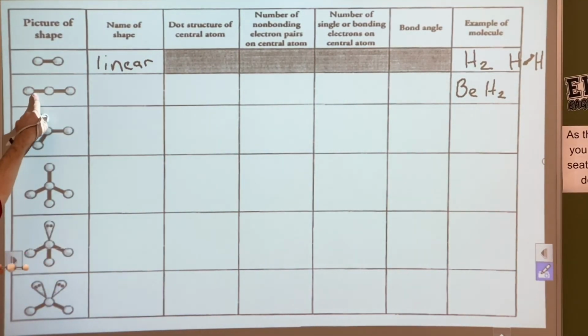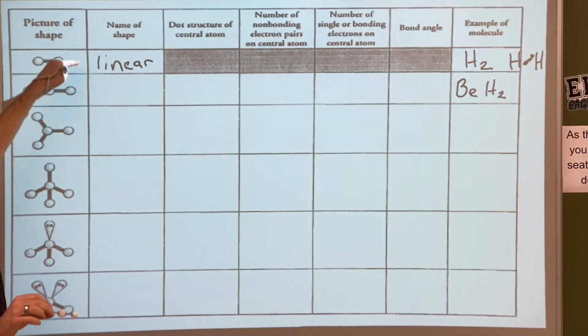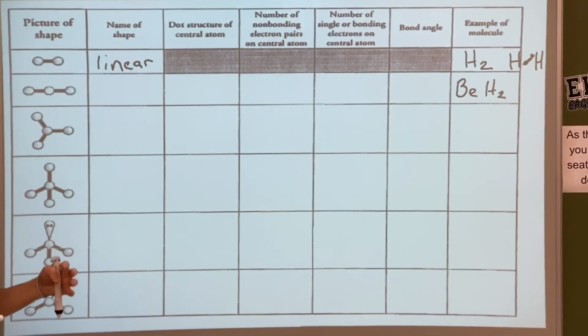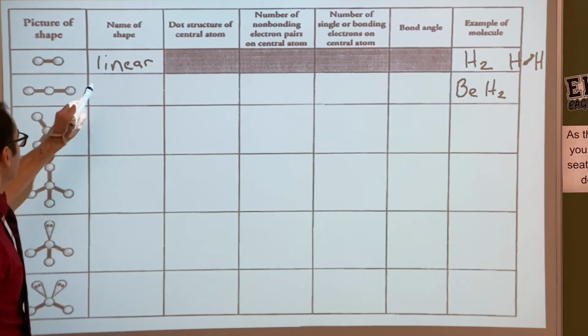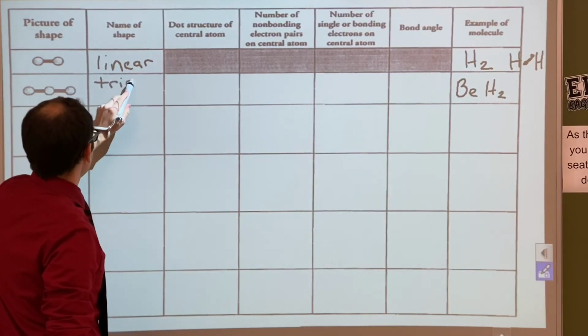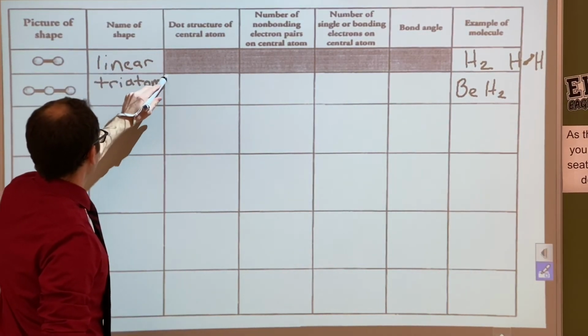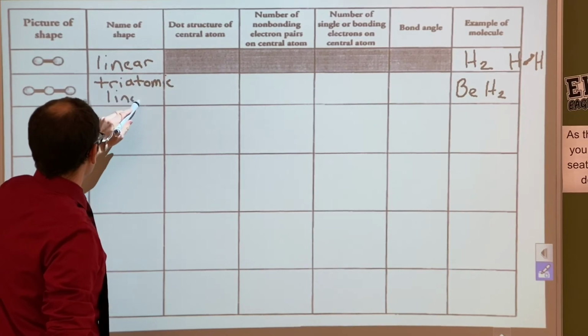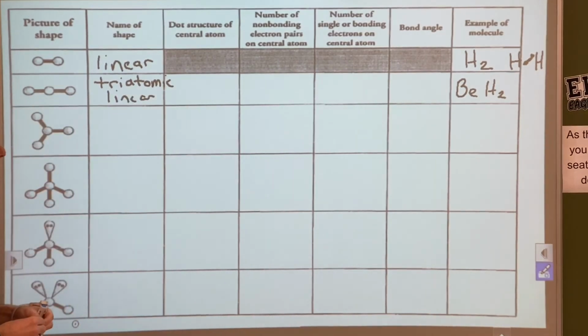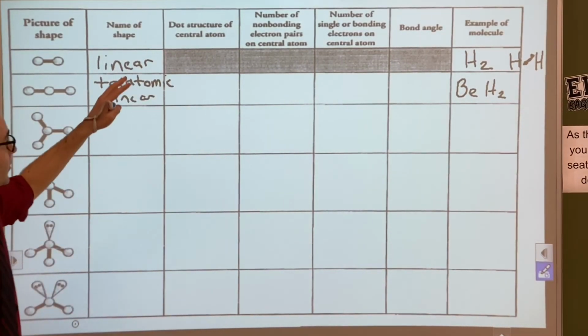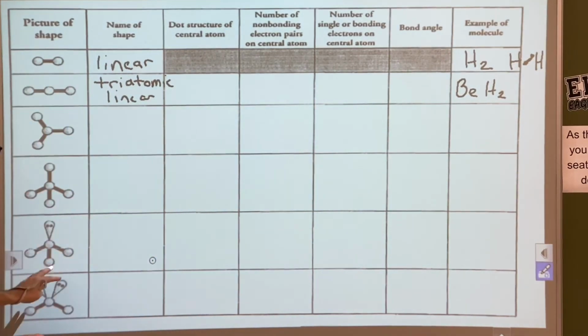It's also linear, right? But we need to distinguish it from this top one, so we're going to call it triatomic linear, all right? And for the rest of this, we're going to do something over here first.